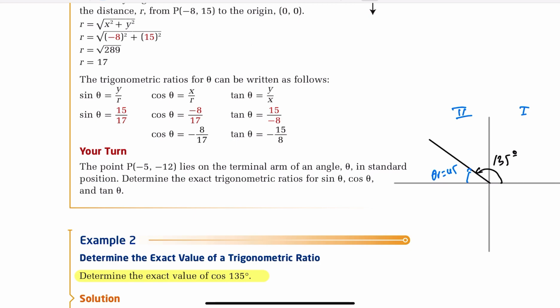So what I will do, I will just draw one circle which has a radius of 1. Okay, so let's see if we can draw a circle. So my circle will be like this. Perfect.